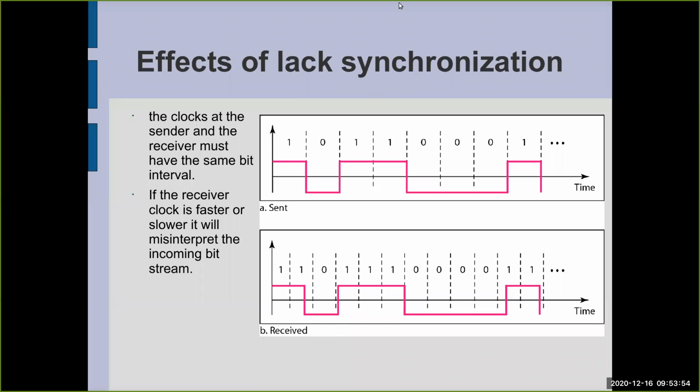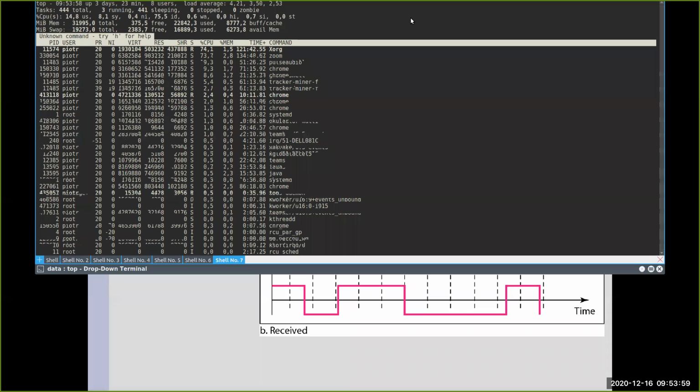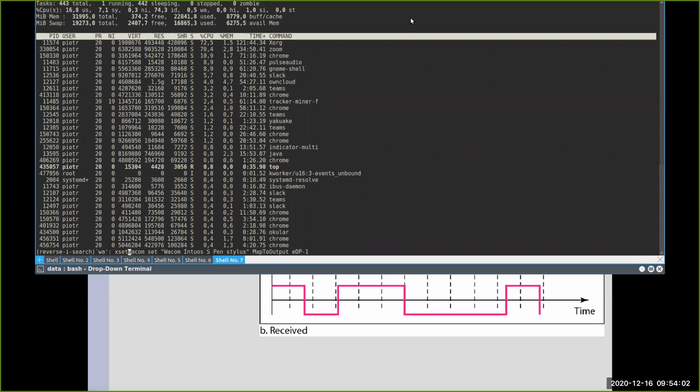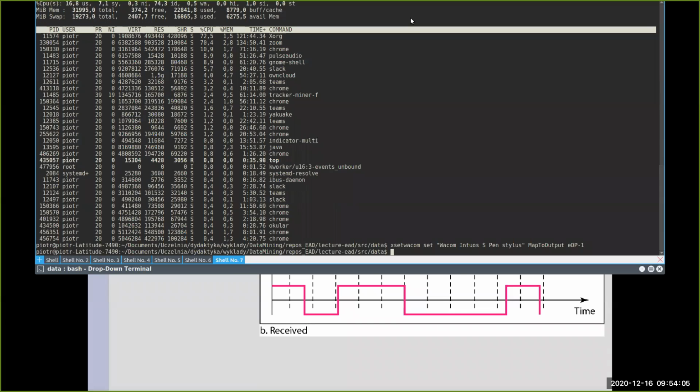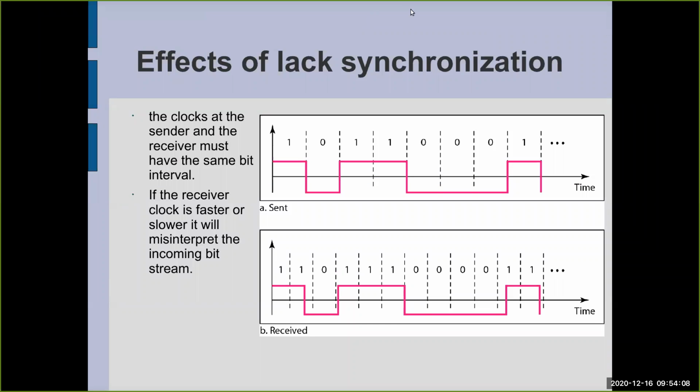Now I'd like to explain what synchronization is, or what the effects of a lack of synchronization are. Here we have a transmitter. The transmitter transmits bits using voltage coding, so we have plus V and minus V levels.